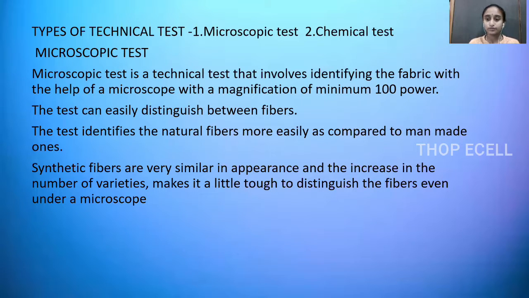It can easily distinguish between two fibers, and it can be very easy when it comes to natural fibers, because natural fibers are naturally made and they have different cross-sectional views, like cotton, jute, hemp. But when it comes to synthetic, they look very similar to each other, and there are very many different kinds of synthetic fibers, so it becomes a little difficult for us to identify between two synthetic fibers under a microscope.